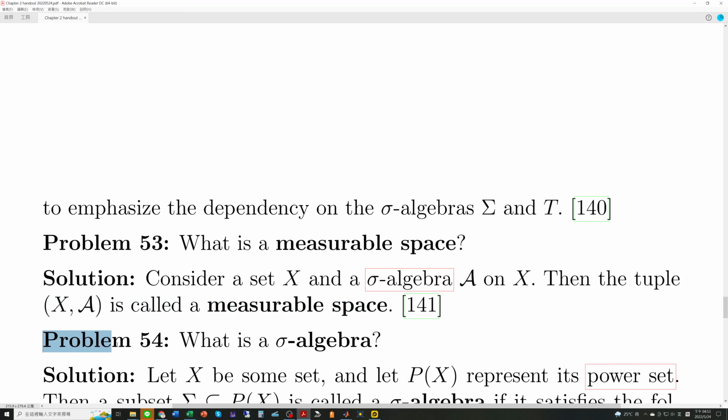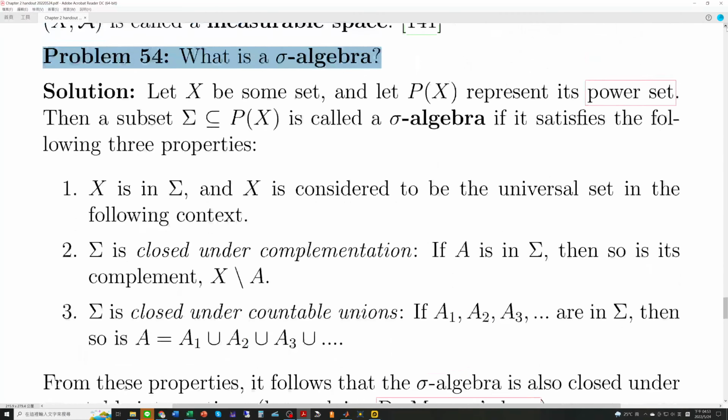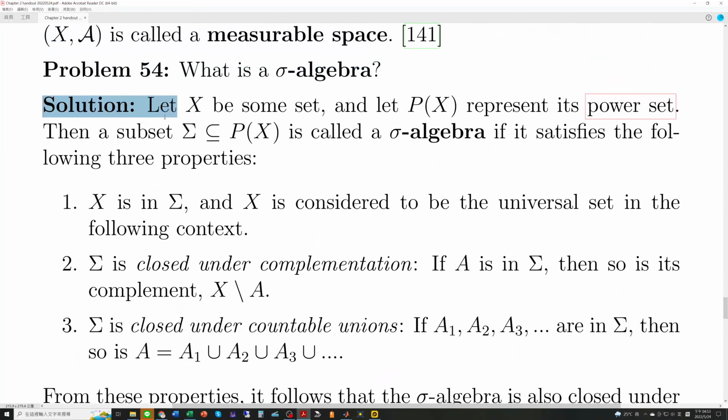So next, problem 54. What is a sigma algebra? Solution. Let X be some set, and let P of X represent its power set. I will introduce what is power set later.